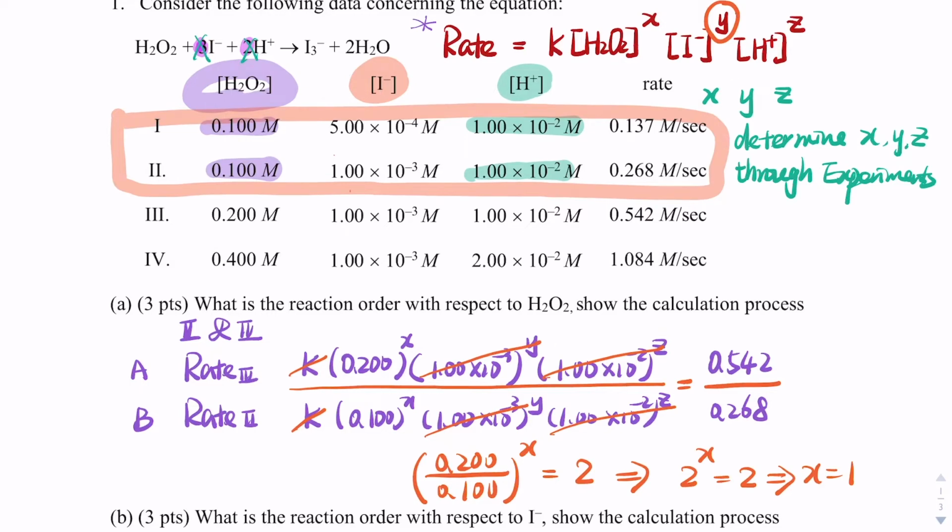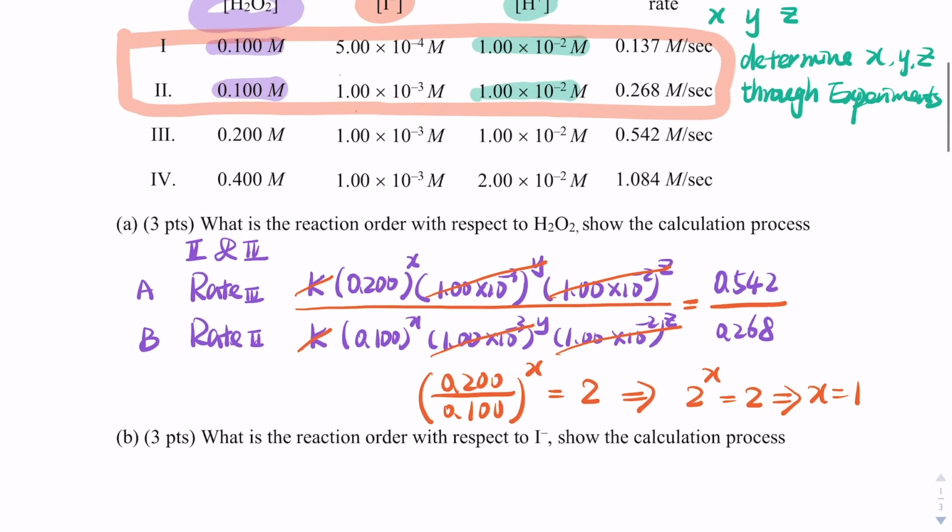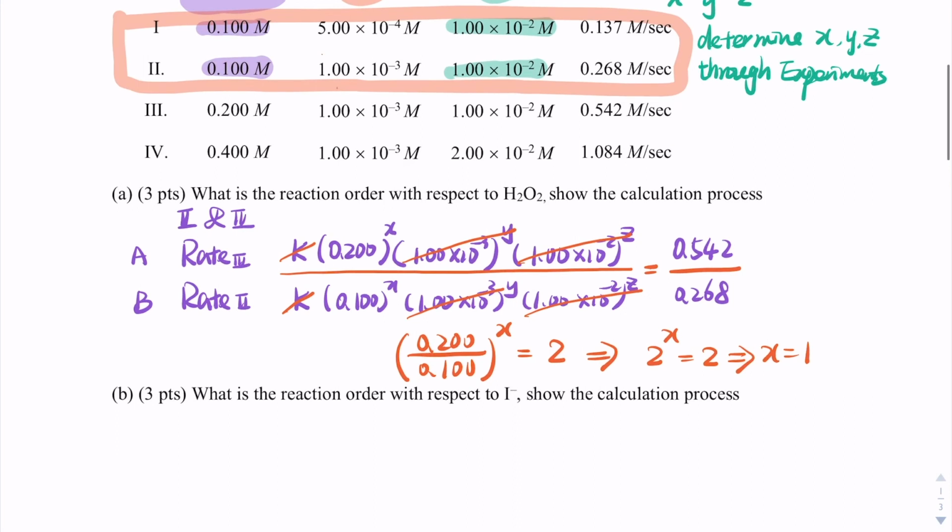Now we're going to set up the same thing over here, for the second step. We're going to pick experiment 1 and 2. And then we'll do rate of 2 equals to what? The same thing, right? So equals to k. Now just plug in the values. It will be 0.1 to the power of x.